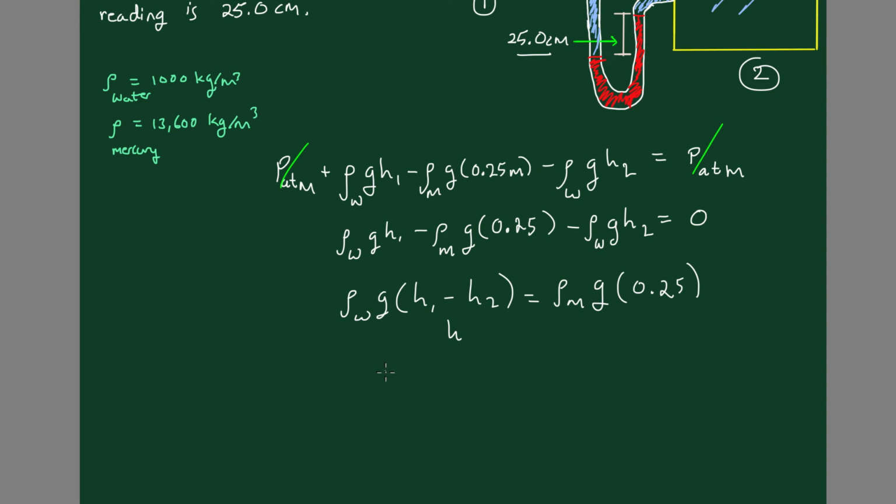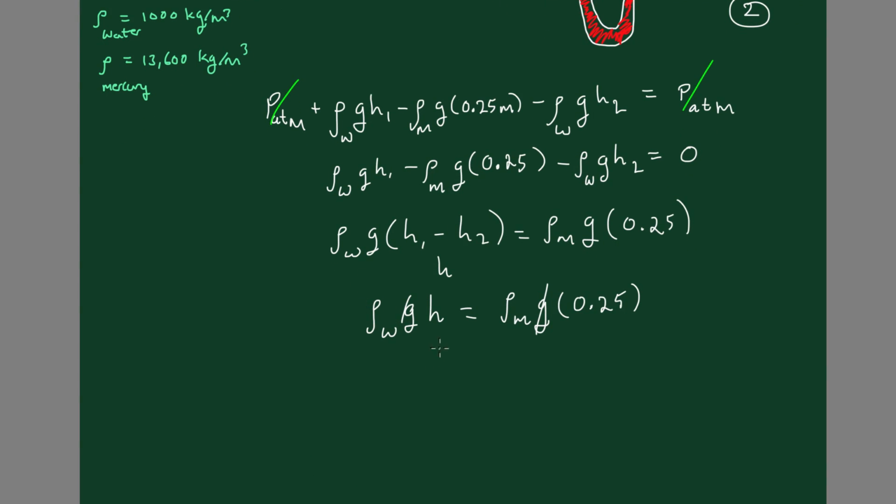So we can write rho of the water times g times H is equal to the density of the mercury times g times 0.25. If we cancel out our g's, we find that H is equal to the density of the mercury divided by the density of the water, multiplied by 0.25.